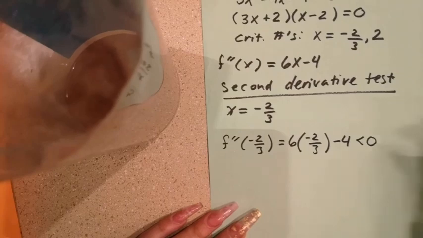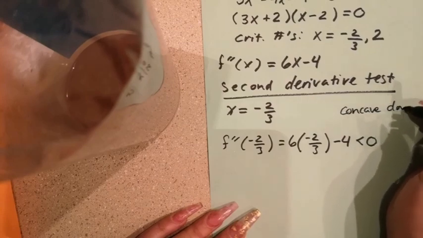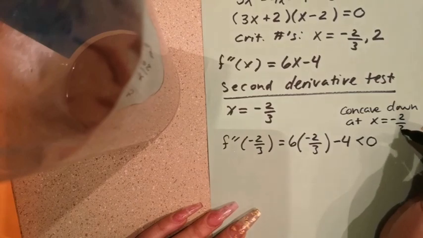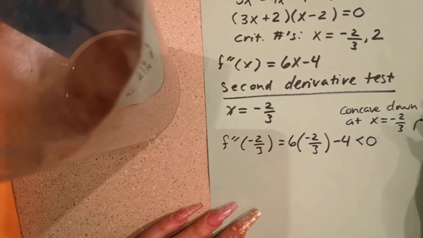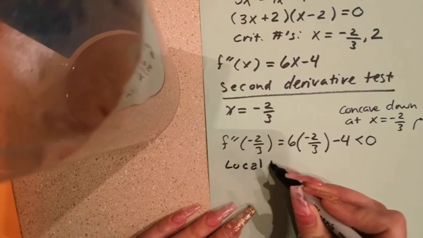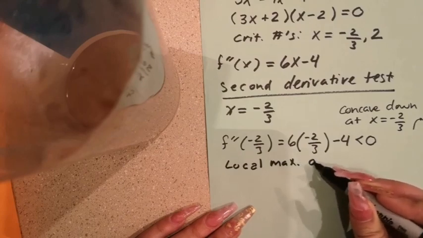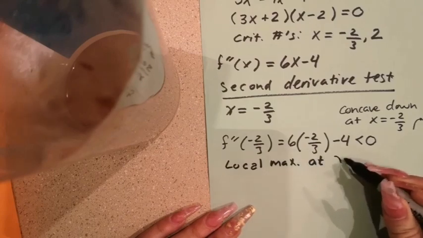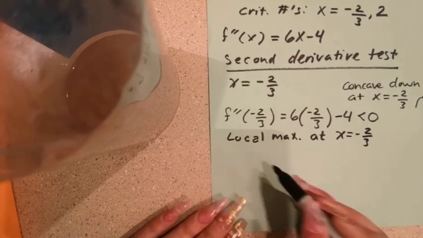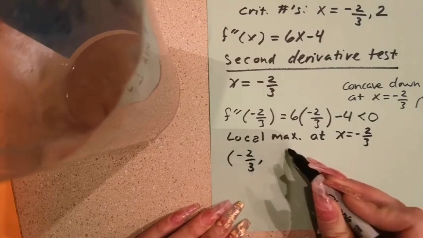So if the graph is concave down at x equals negative 2/3, then I know that I have a local max at x equals negative 2/3. And then I still have to find the corresponding y value.